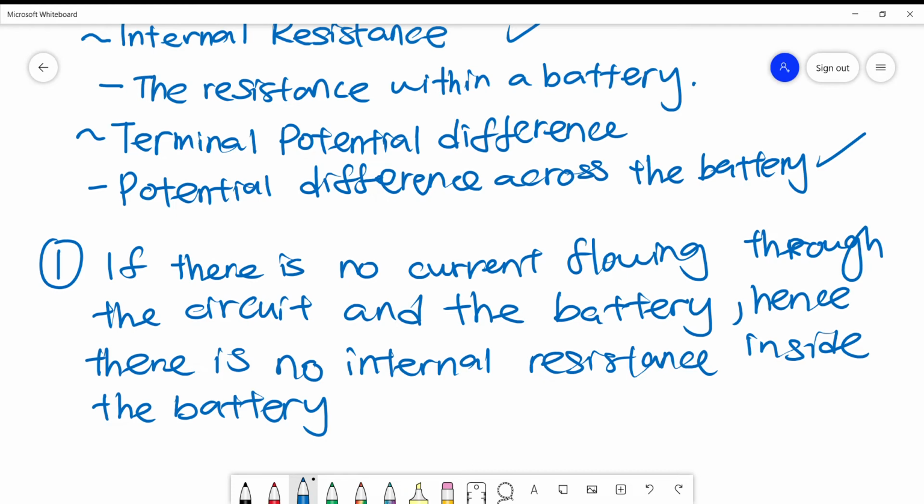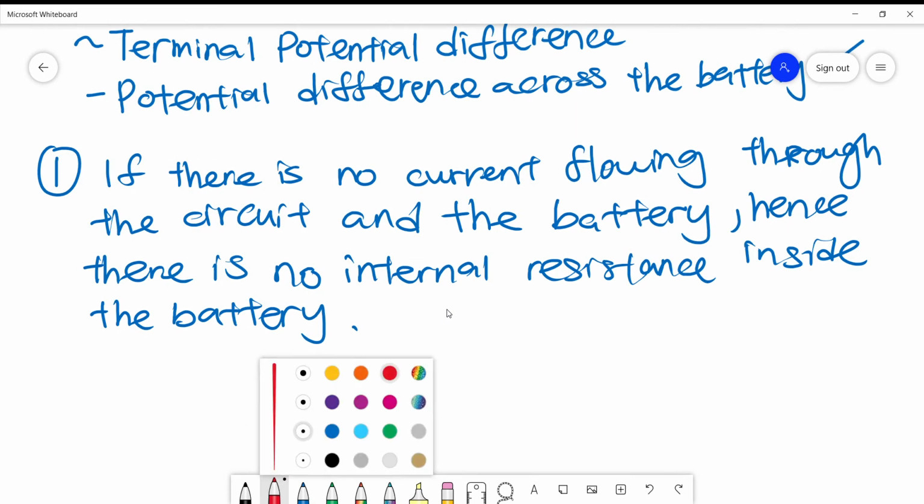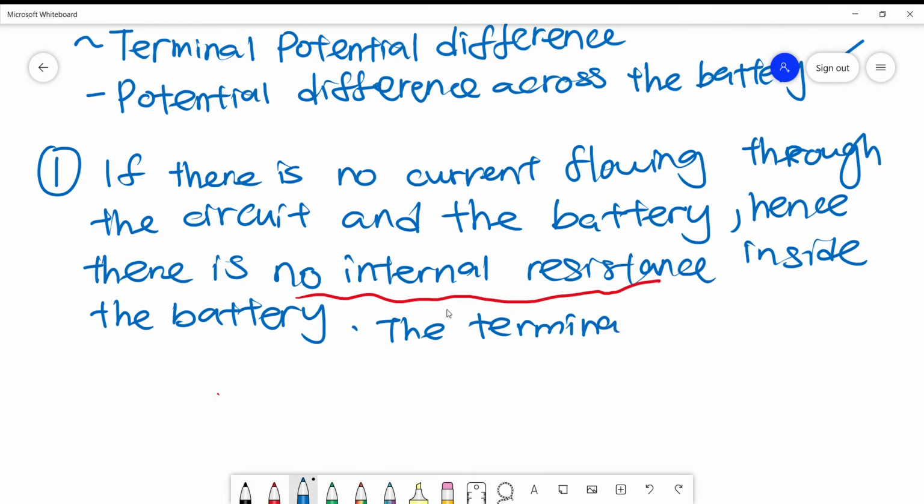So this is the first concept for the first statement: no internal resistance produced. And for the second one, the potential difference. This is called the terminal potential difference, which is the potential difference across the battery.